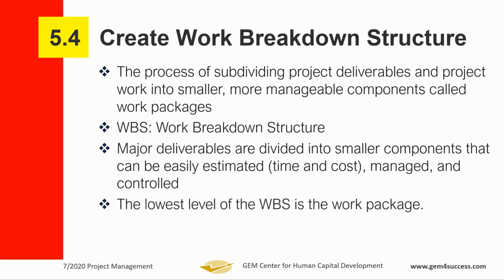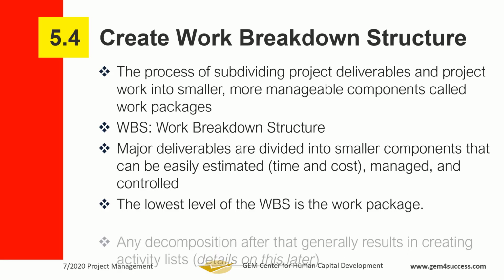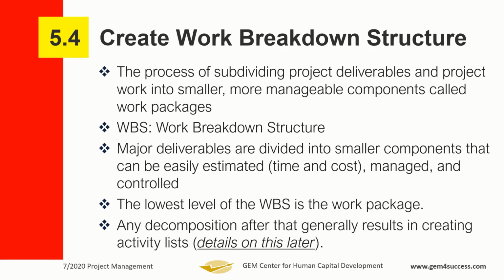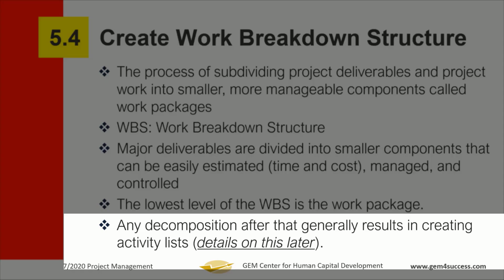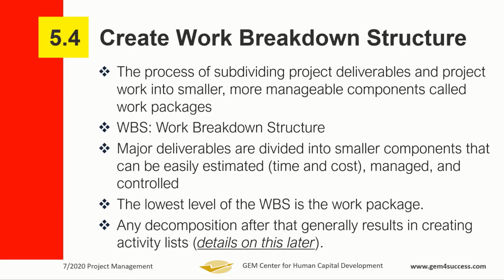So the lowest level of your WBS is called the work package. This process of breaking down is called decomposition. Once you have gotten to the level of work packages, any decomposition after that is now going into the activity list. We'll discuss this when we get to schedule management. So we keep decomposing till we get to work package.